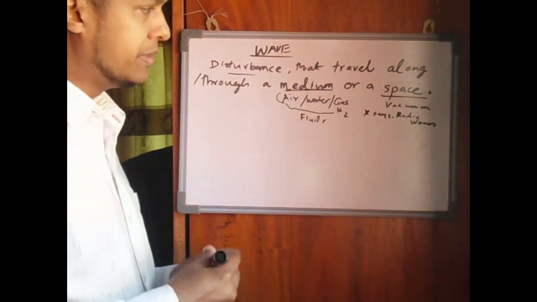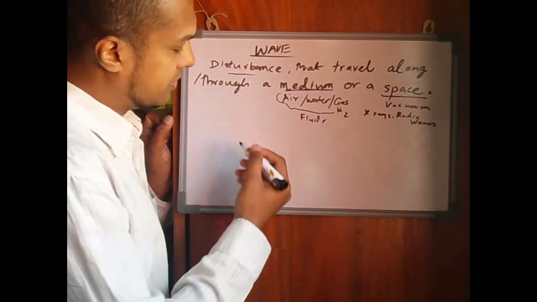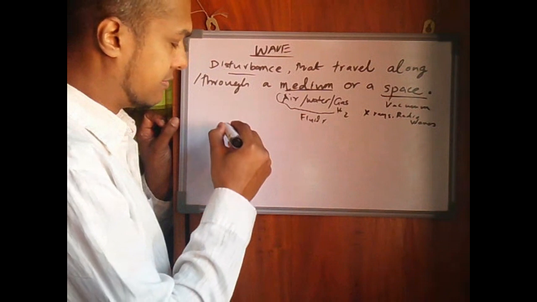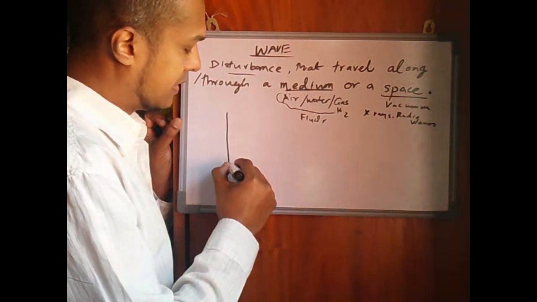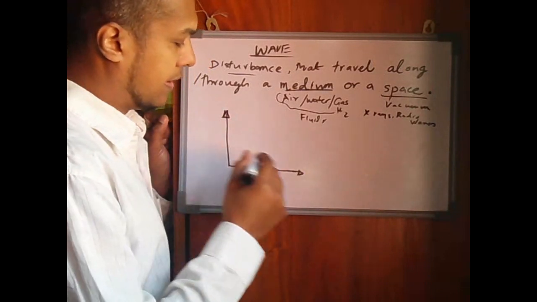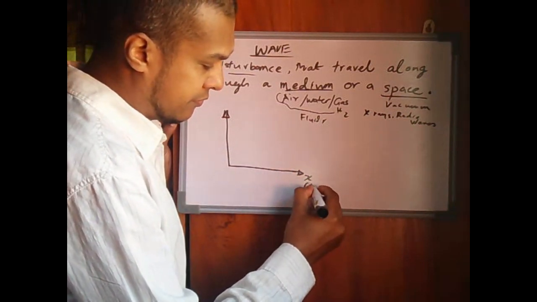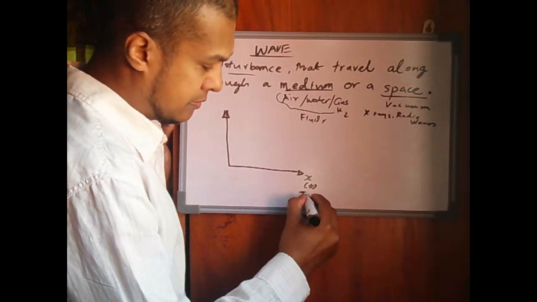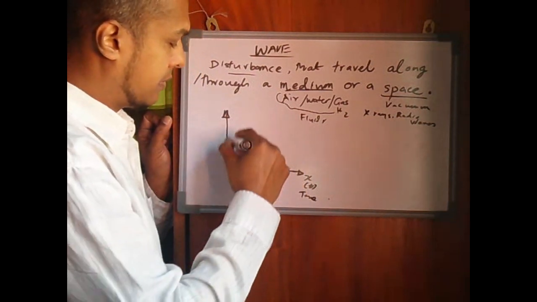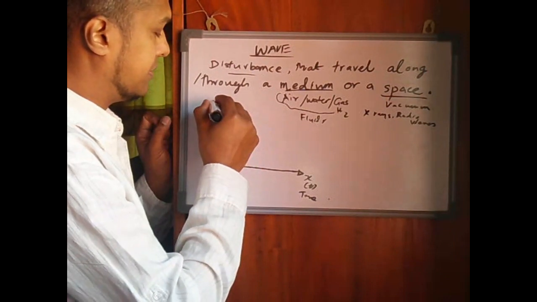Now we have learned what a wave is. Now we need to find out how to interpret a wave. So if you put that in a graph, this axis, which is called the x-axis, is for the time, and this one is usually the amplitude, which is the height.